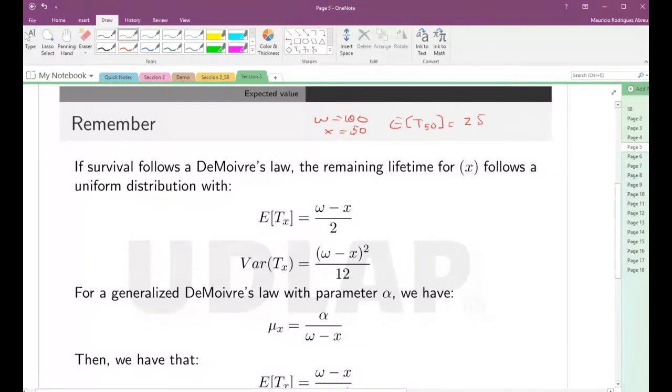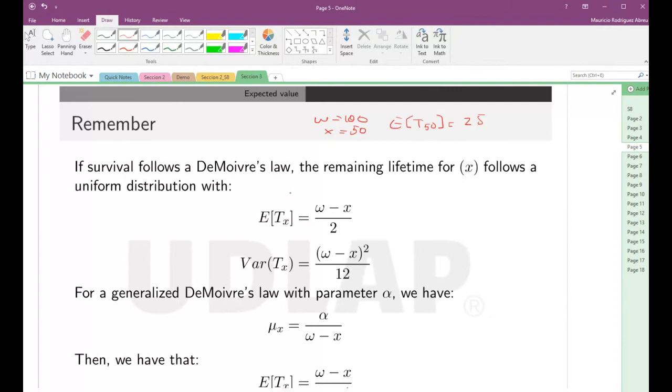Why? Because we already have 50 years lived. We have 50 more years to live. Some people will die right away, and some people will die right before 100.